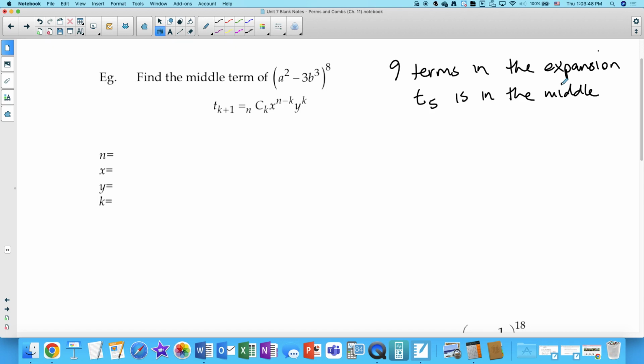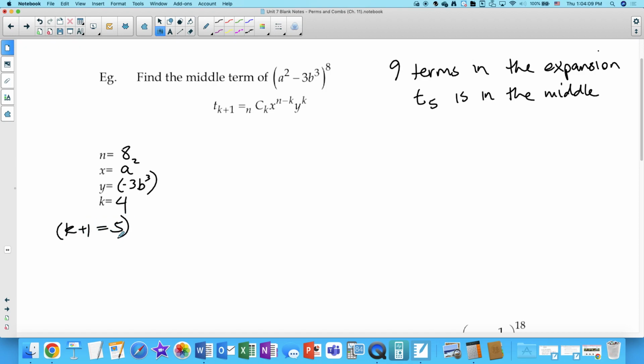Okay, so n is 8, x is a squared, y is negative 3b cubed, and k, if we're looking for T5, what's the k value? 4, right. And again, that's because k plus 1 has to equal 5.